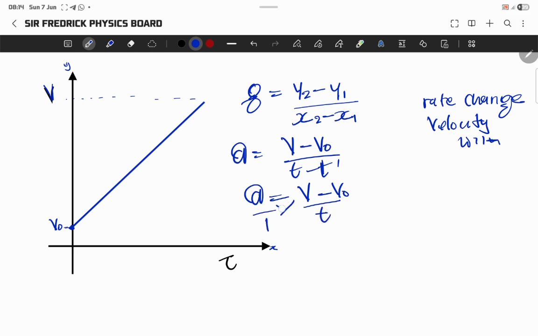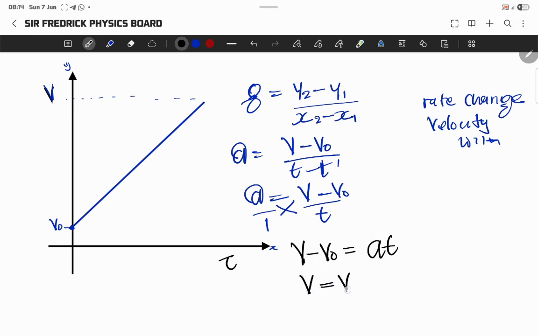Then you solve for velocity. So multiplying both sides by t, everything here times that will give us v minus v0 is equal to a t. Okay, so we'll move v0 across the equal sign to this side, then it's going to become positive.